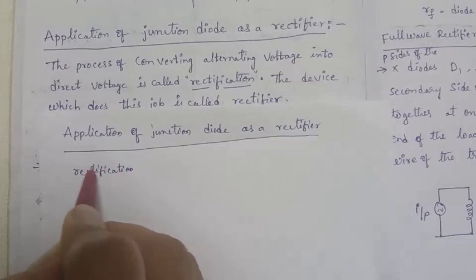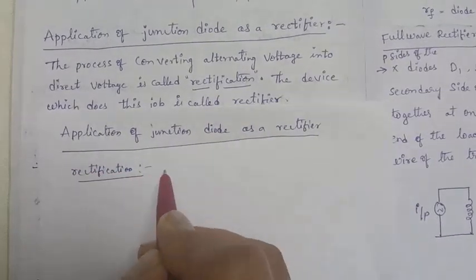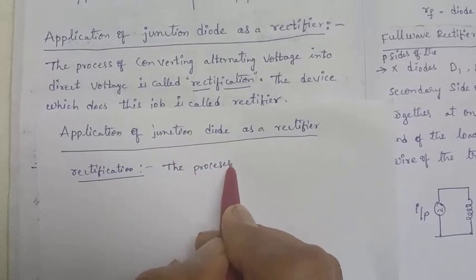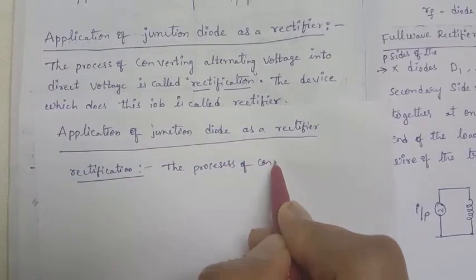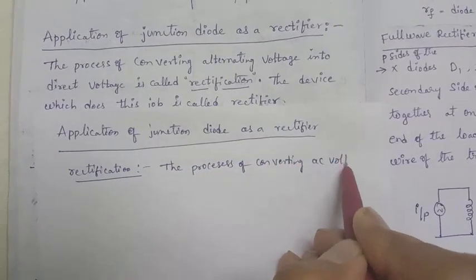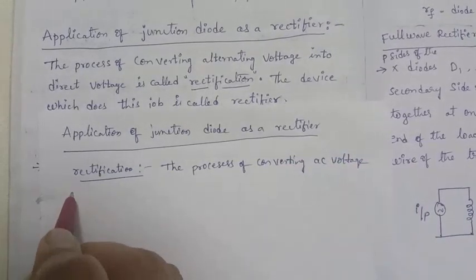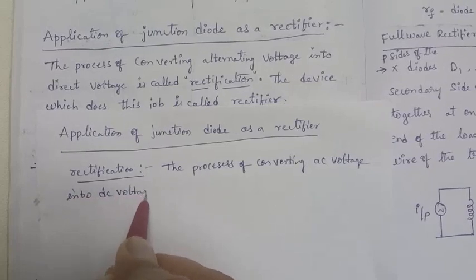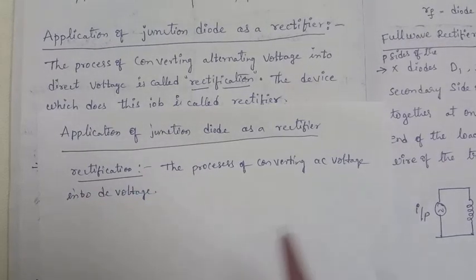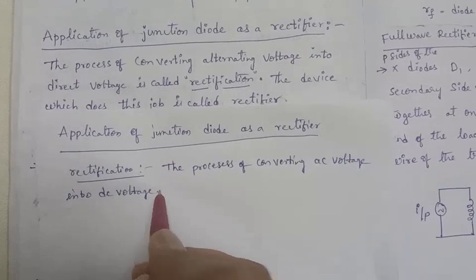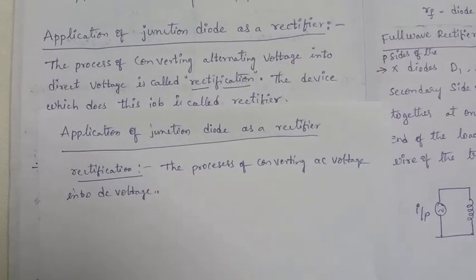Rectification means the process of converting AC voltage into DC voltage. So you are converting alternating voltage into DC voltage. This phenomenon is called rectification, and the device which does this job is called the rectifier.